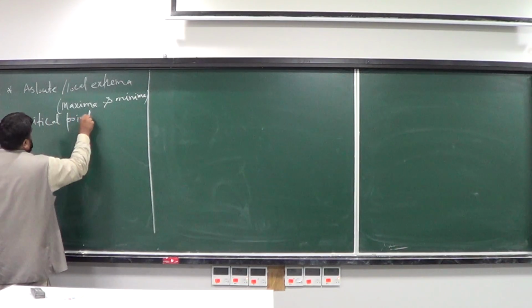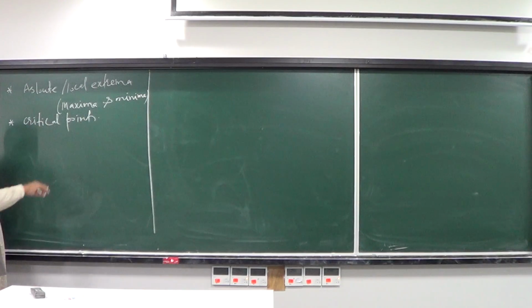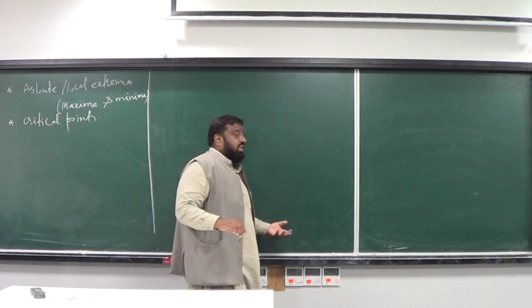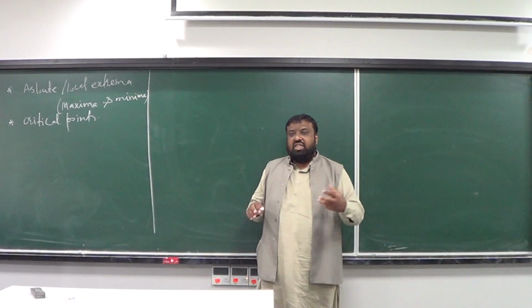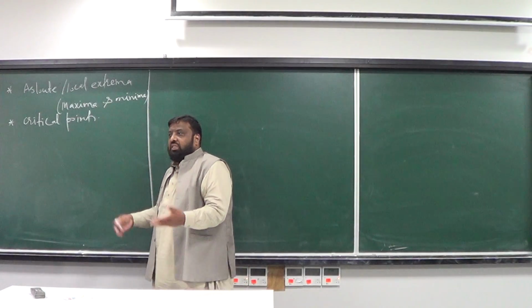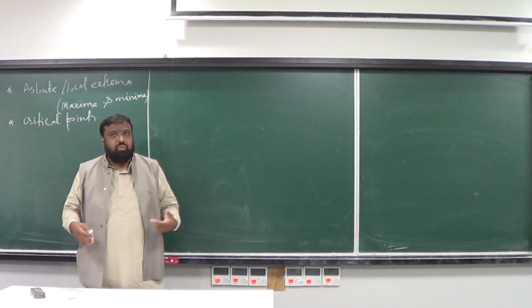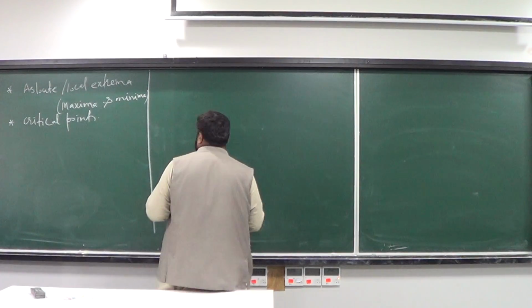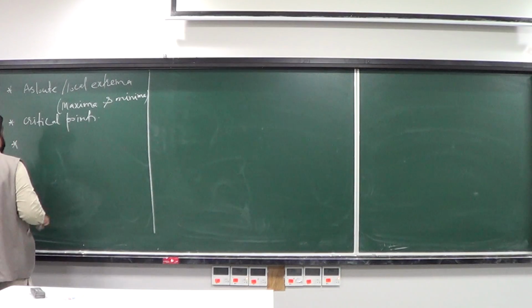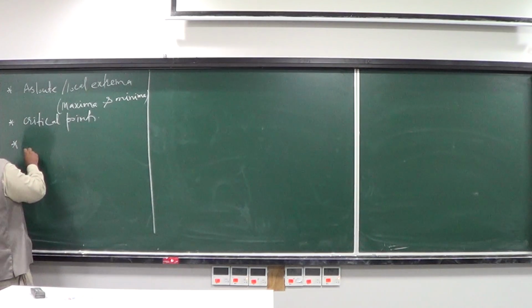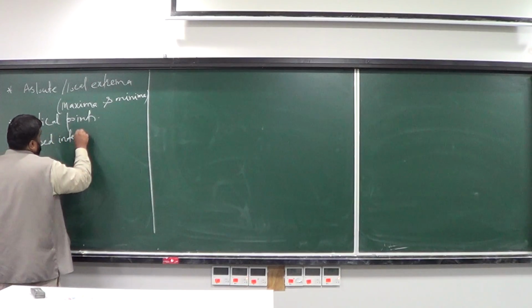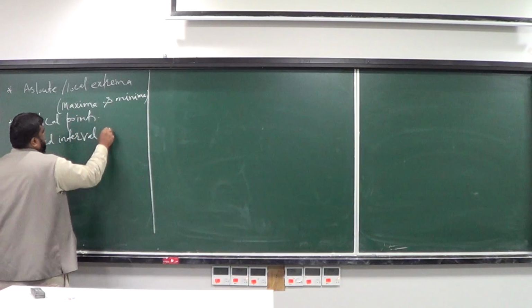We discussed that every maxima and minima must be a critical point, but not every critical point must be a maxima or minima, because a critical point can also be a point of inflection. Then we ended our discussion on the so-called closed interval method.